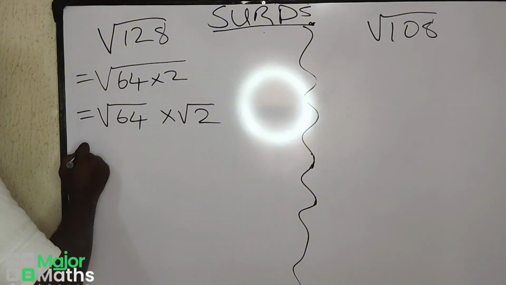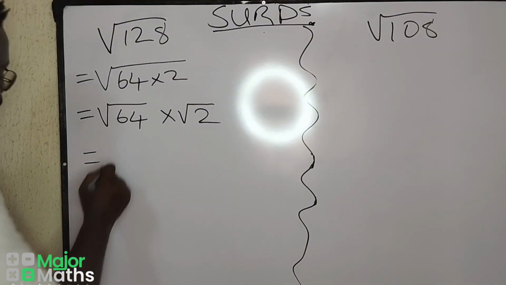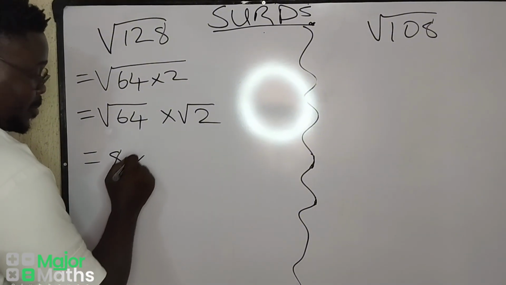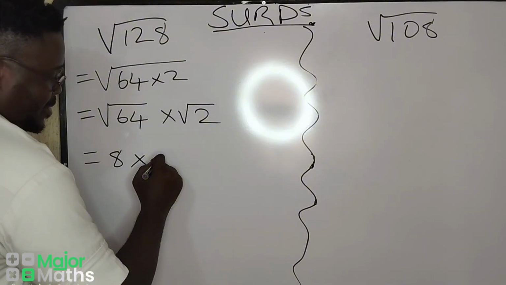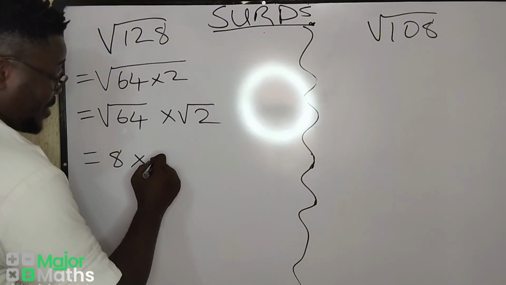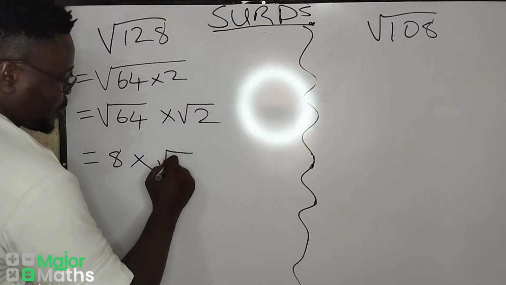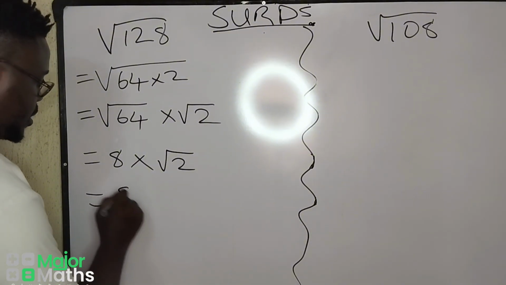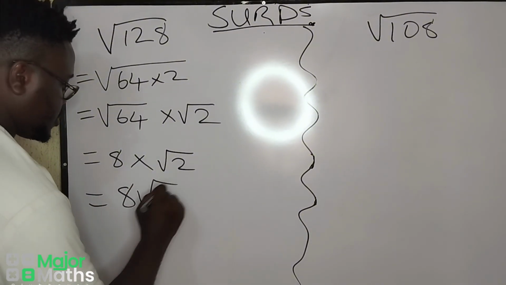So the square root of 64 should give you 8. And the square root of 2 cannot be broken down perfectly. So you still have root 2. So your final answer will be 8 root 2.